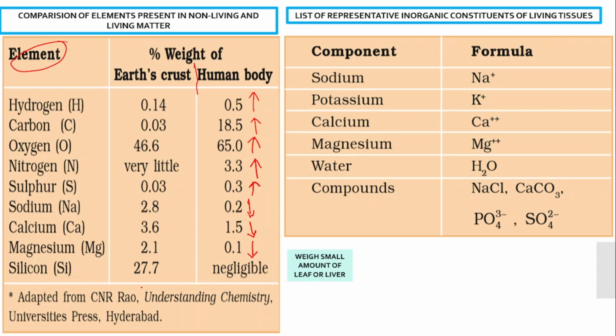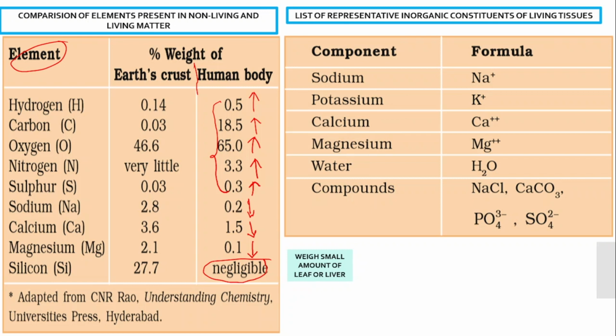And silicon is 27.7% in the earth's crust, whereas in humans it is negligible. So for these five, hydrogen, carbon, oxygen, nitrogen, and sulfur, the percentage in the human body is more compared to the earth's crust.